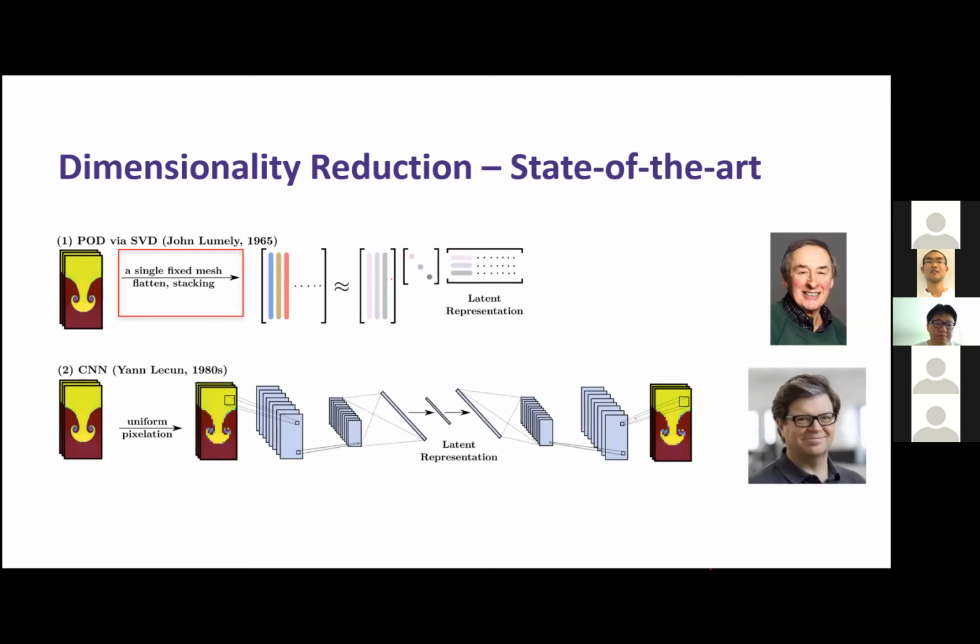Then you perform an SVD to obtain U Sigma V transpose, where V transpose is a much fatter matrix, and it is basically what we call the latent representation of this fluid system. The second one is the convolutional neural network. It was mainly proposed by Yann LeCun around the 80s.